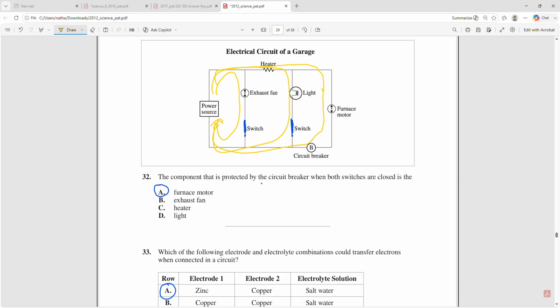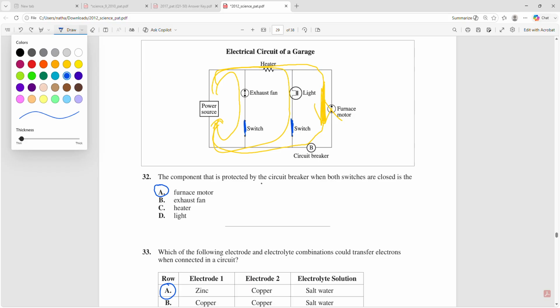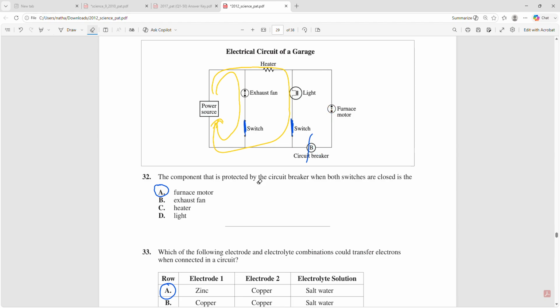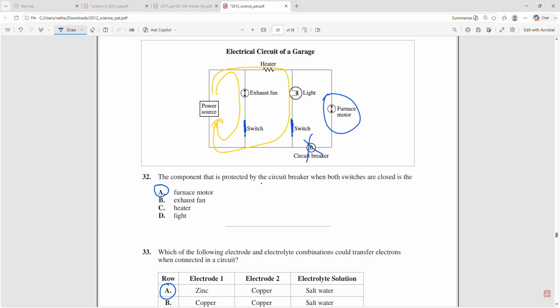If there's too much current running through here, it can burn out this motor. So if it senses a high current, it opens up like a switch does. And here's our circuit breaker. If that opens up, then electricity stops flowing. And if the electricity stops flowing through this, that means we're protecting that furnace motor.